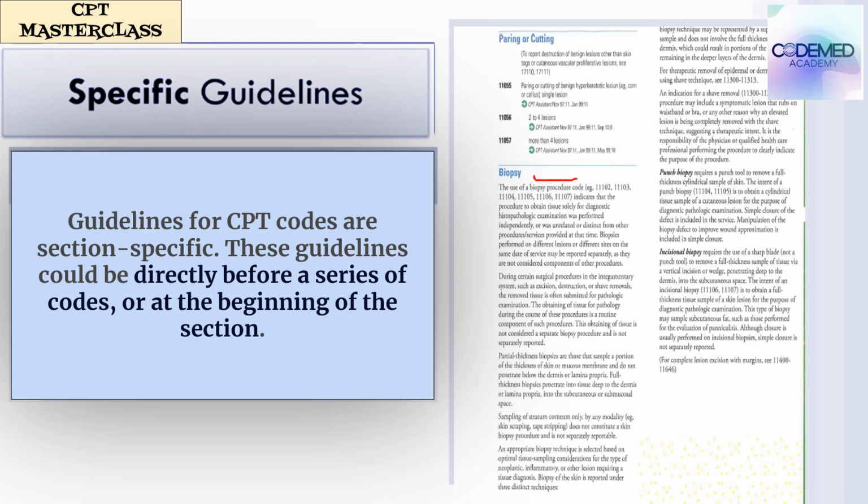The biopsy is the subheading or the subsection of the integumentary surgery section, and in that you have the biopsy heading, and before starting the biopsy codes here you will see the guidelines only related to that biopsy. So I would call it very topic specific.